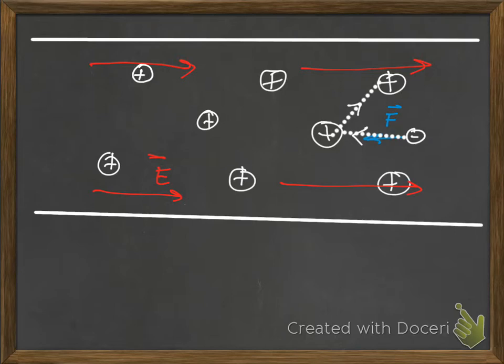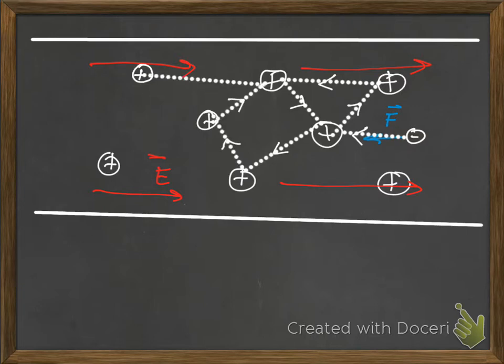So as the electron moves through the material and experiences multiple collisions, the direction of the electron motion is changing, but overall, remember that every time the electron is between collisions, it's accelerating to the left in this picture. Overall, despite all of these collisions, the electron slowly makes it to the left of the wire.